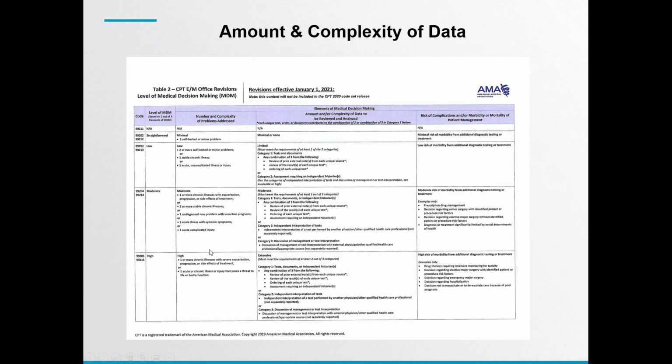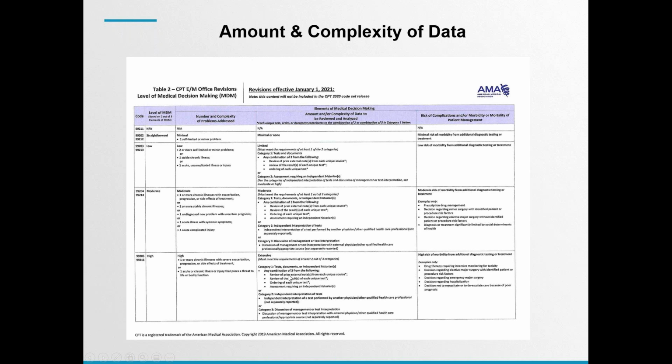When we move to extensive, okay, look at your Category 1. Now you have to choose 3 of the following from Category 1, but to meet the requirements, you now have to pick 2 categories. So you have to meet the documentation guidelines from 2 categories.